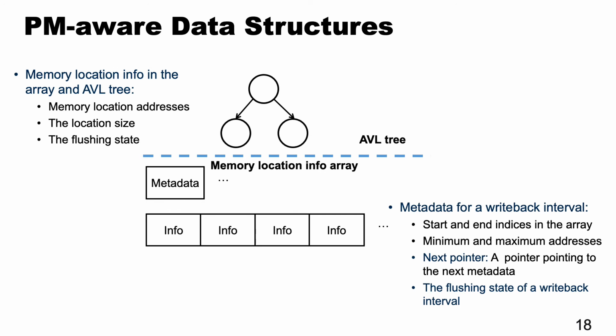The metadata for a write-back interval has the following information: the beginning and end of the interval, shown as the array indices; the address range of the memory locations collected in the write-back interval, shown as the minimum and the maximum addresses of the address range; the next pointer, which points to the next metadata; and last, the flushing state of a write-back interval, used to indicate whether the write-back interval is a collective write-back, dispersed write-back, or not written back.